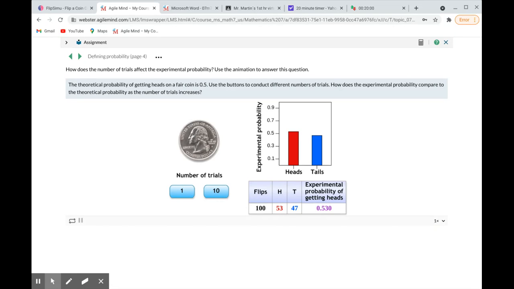So when we flip the coin 100 times, what happens? Like right here, it says the percent of it landing on heads goes up. Yeah. So when it says, how will additional trials affect the probability? Well, what happens? The experimental probability becomes closer to what?